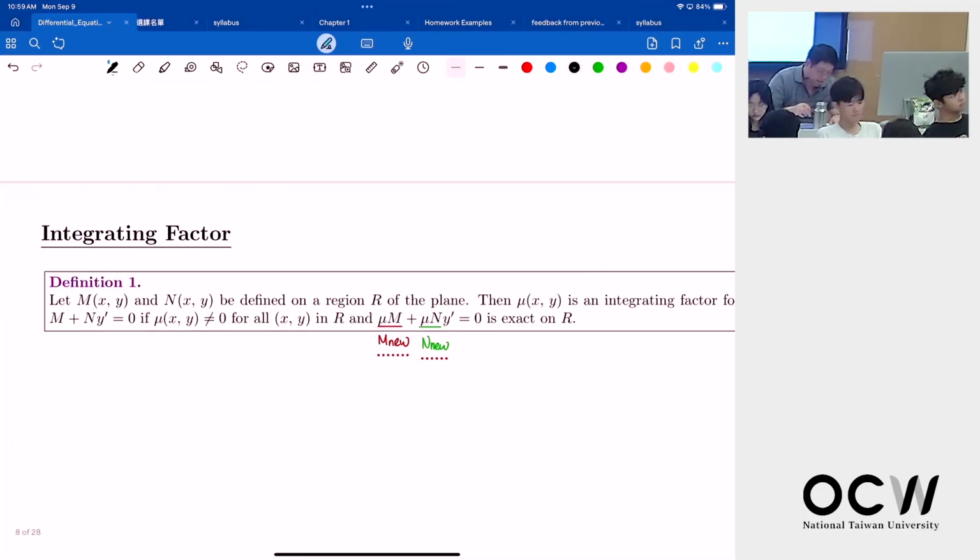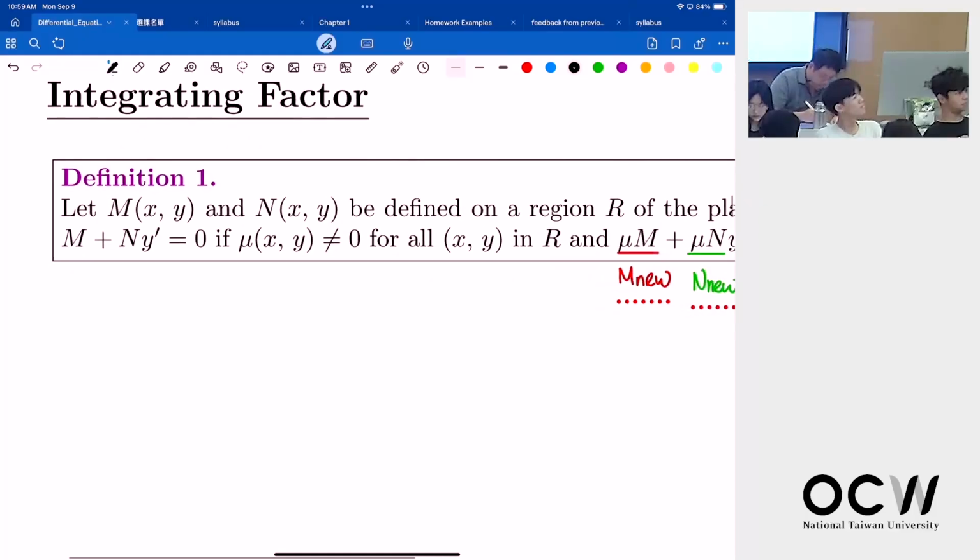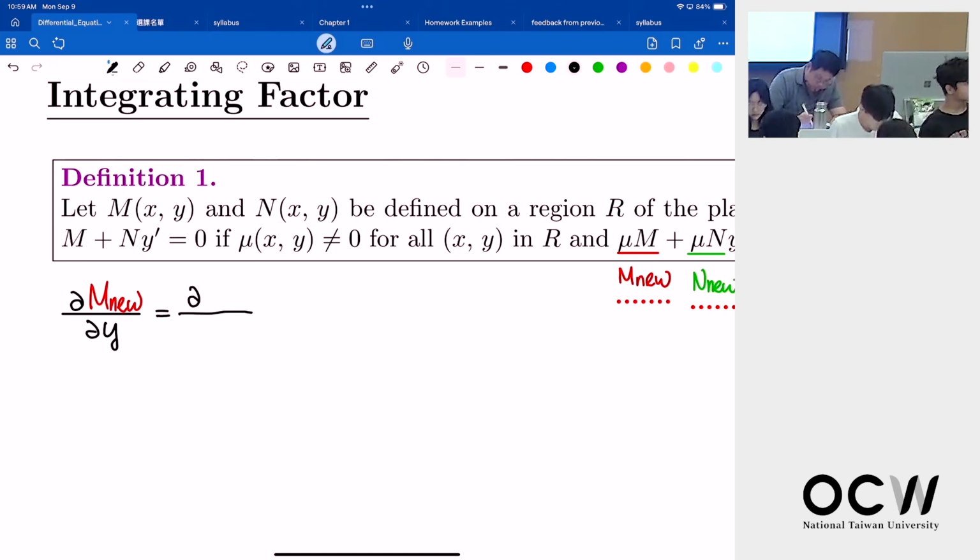That means partial of your M new divided by partial y should be equal to partial of N new divided by partial x.